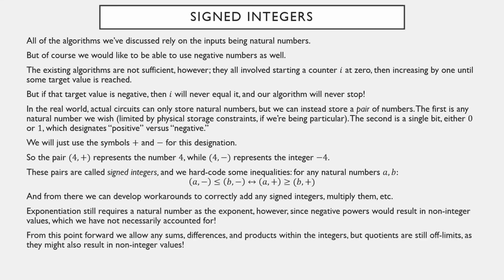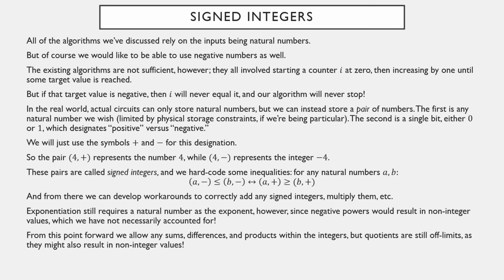But from this point forward, we're not really going to bother developing signed integer versions of all of our algorithms. It's a bit too technical, it gets confusing, and it's not really the point. This is not a computer science class fundamentally. Okay? Just assume that we've gone through and done that. We can do sums, differences, and products with any integers.